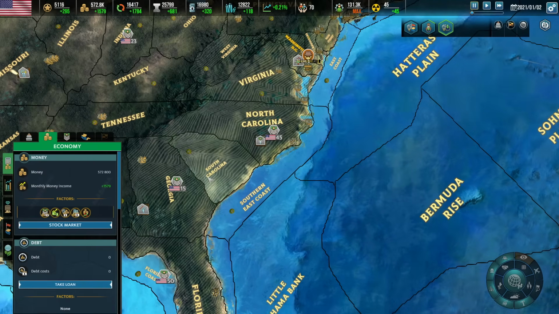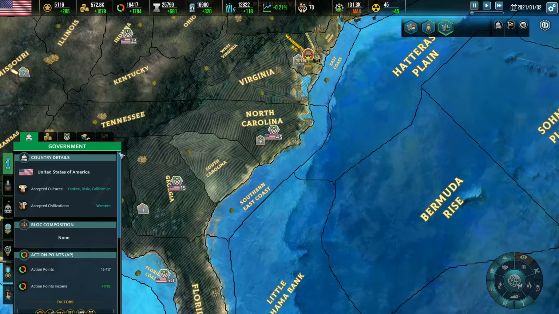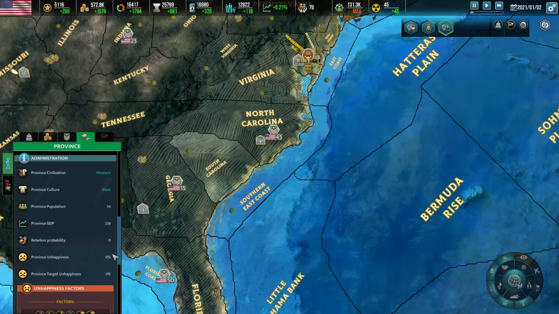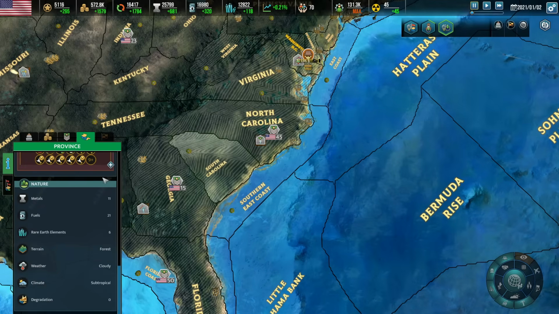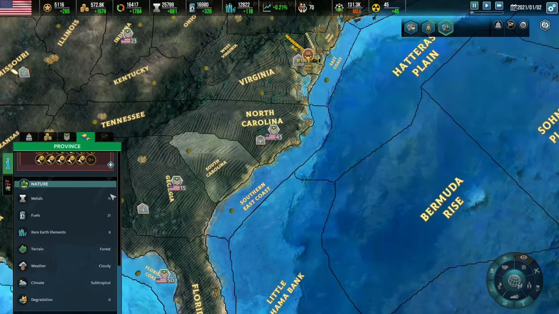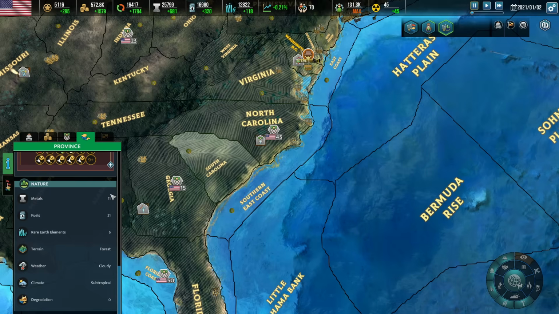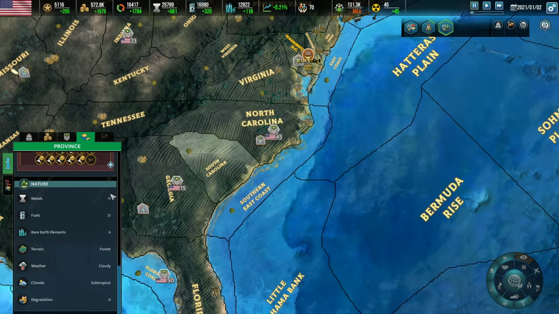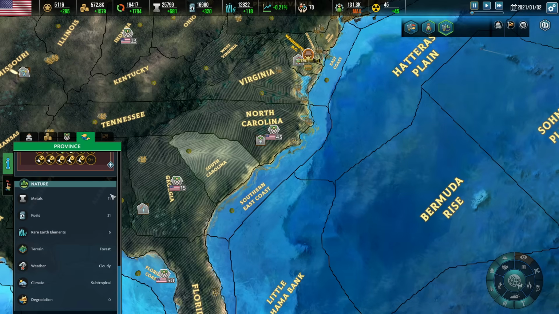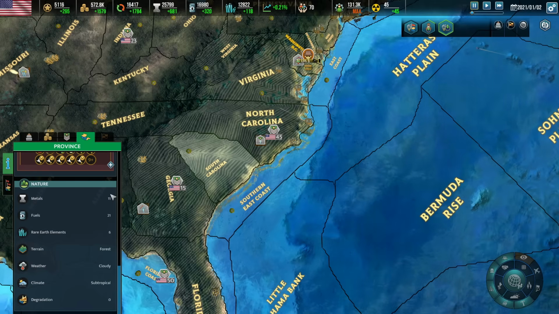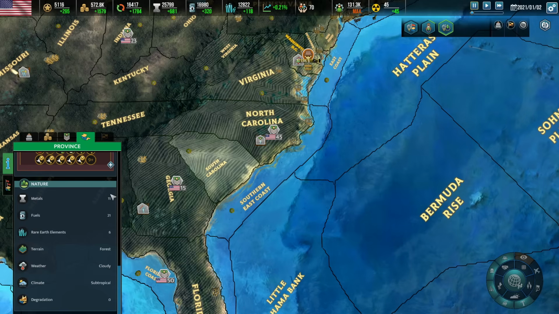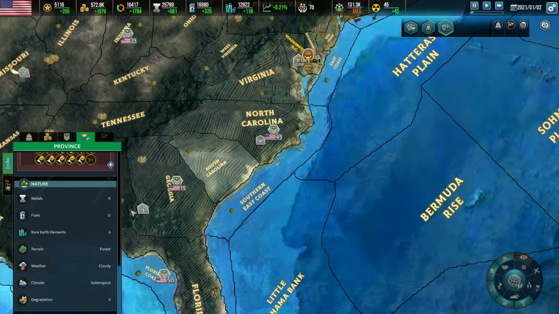So if you click on any actual location like this, you go to the province screen, scroll down, and you can see, just in nature, how many of these resources are produced. The land places don't tend to produce as much as brand new discovered places, like planets, asteroids, moons, and the ocean would. The ocean would have way more natural resources, but you can also exploit what's already there as well.